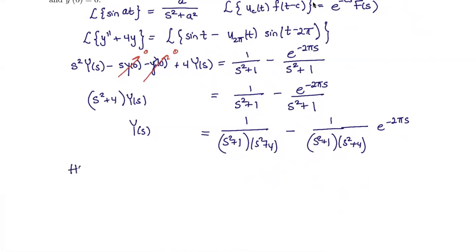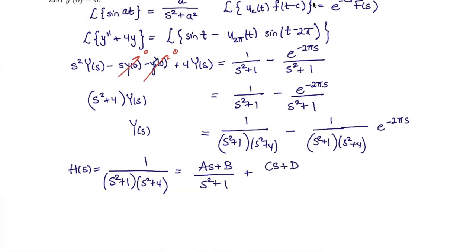So let's let h of s equal 1 over s squared plus 1 times s squared plus 4, which when I split this up will give me as plus b all over s squared plus 1 plus cs plus d all over s squared plus 4.